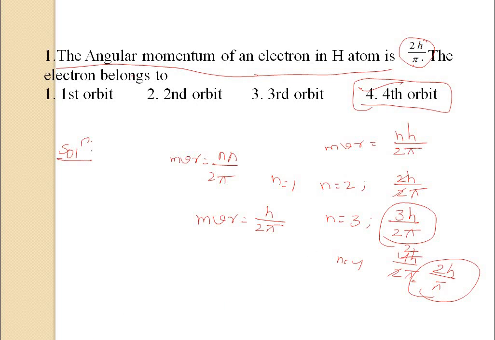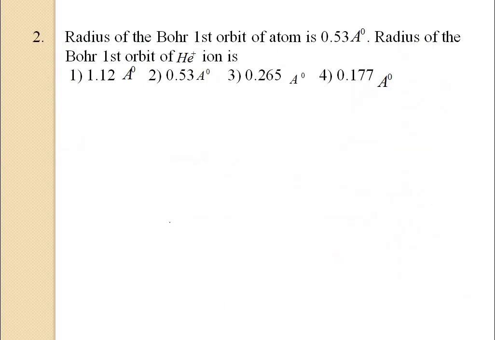Okay, let us see the next problem. The radius of the Bohr first orbit of hydrogen atom is 0.53 angstroms. So the radius of the Bohr first orbit of helium plus ion is asked. First orbit means they are giving the value for n equal to 1.